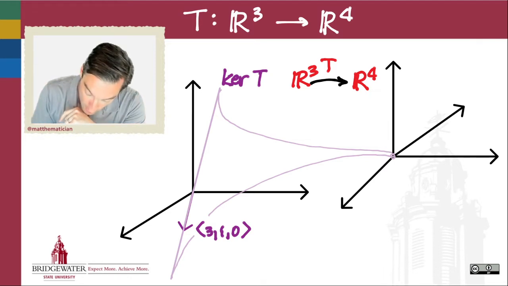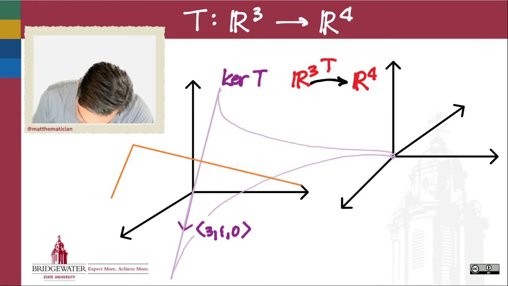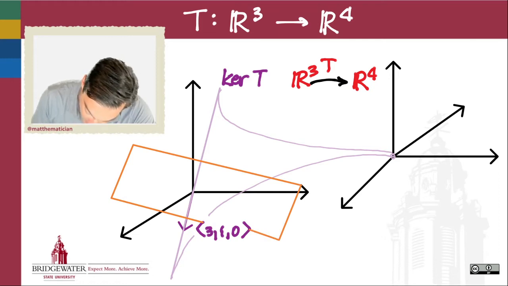Meanwhile, there's a whole bunch of stuff back in my two-dimensional plane over here that's not getting squished. One way to think about what's not getting squished is the two leftover dimensions. I might look at it like this: I have these other two dimensions here, and if you like, we could make this perpendicular to my kernel.